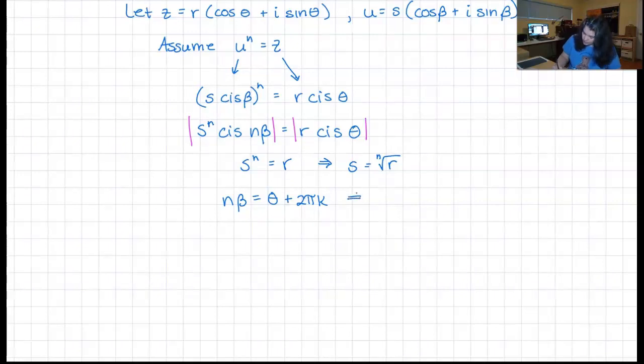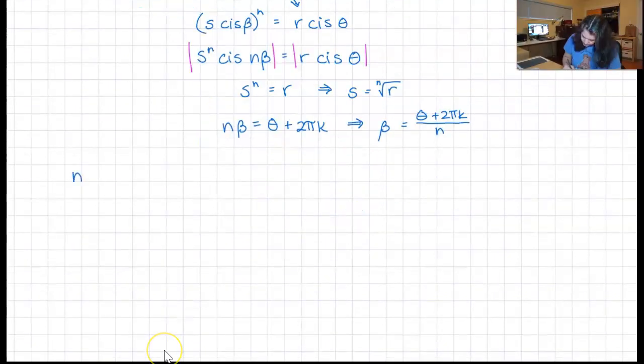And over here, if I solve for beta, then I have beta is equal to theta plus 2 pi k over n. And that's, like I said, pretty much where our formula is going to come from. So I'm going to write it down formally, and then we'll take a look. This is nth roots of a complex number.